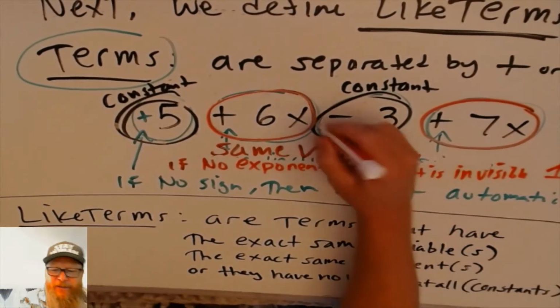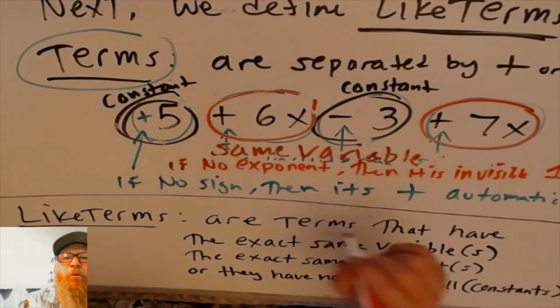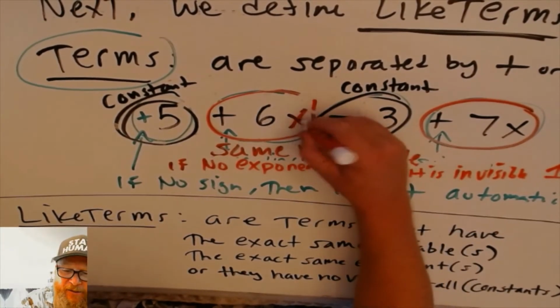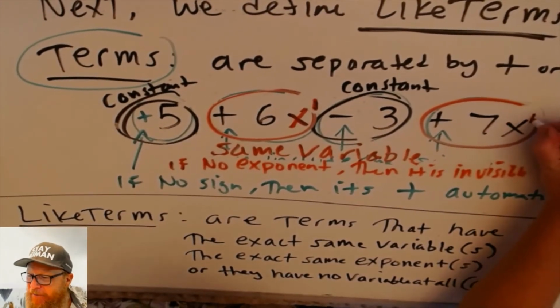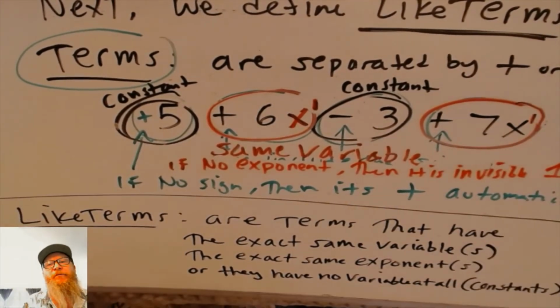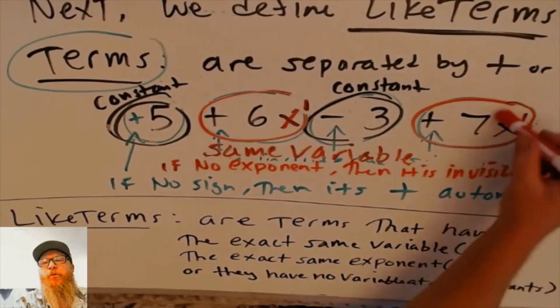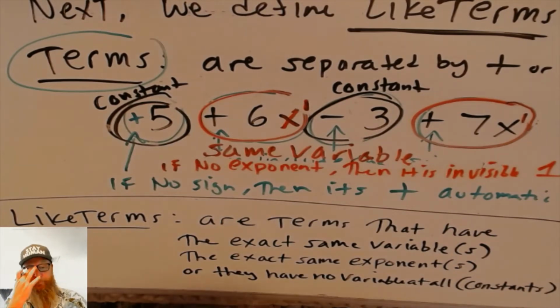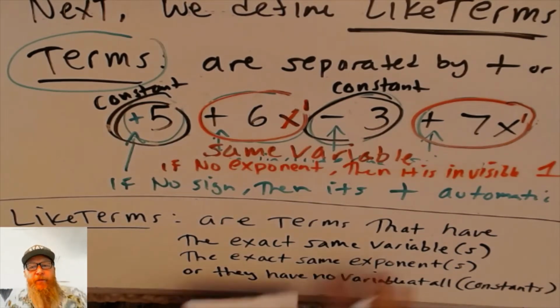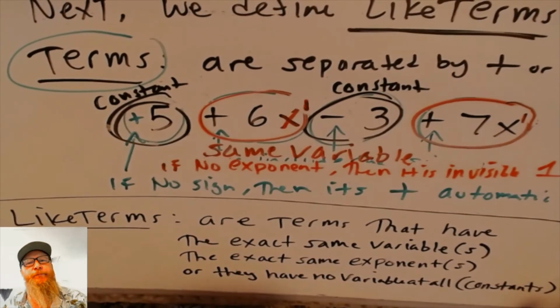So technically, there's a little invisible 1 right there. 6x to the first power, and over here, 7x to the first power. So that would be the invisible 1s if you really want to be picky about whether or not they have the same exponent.